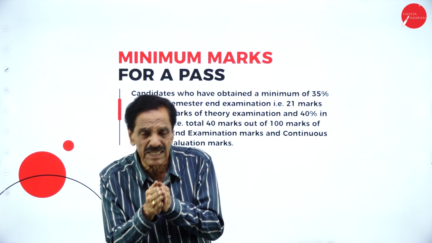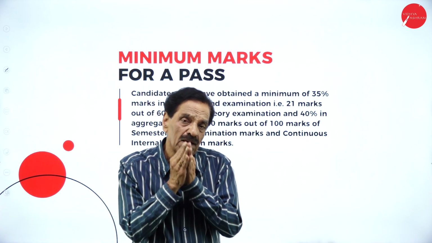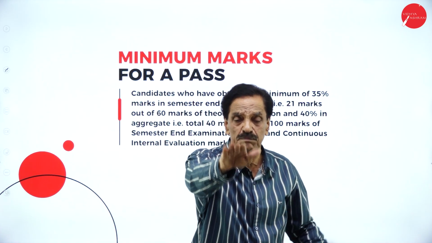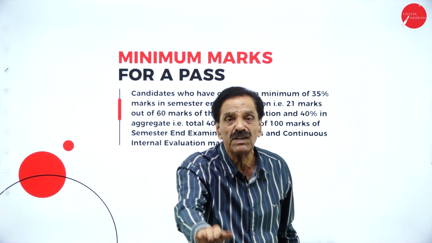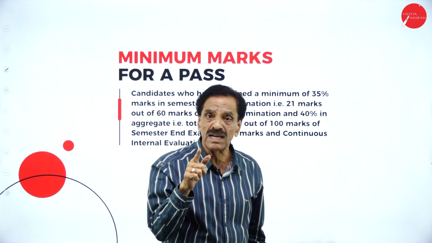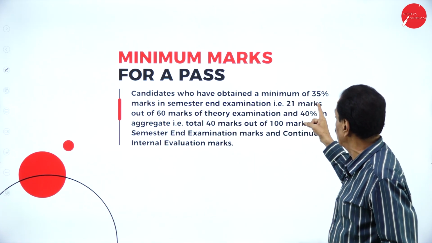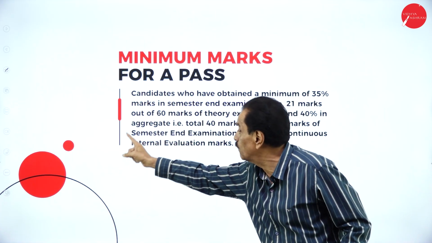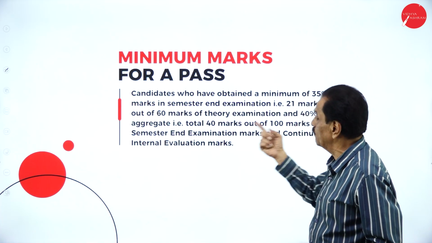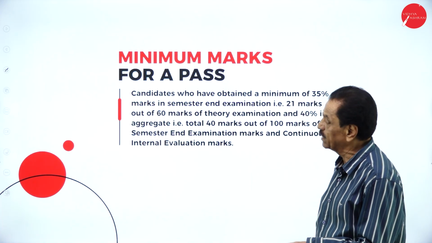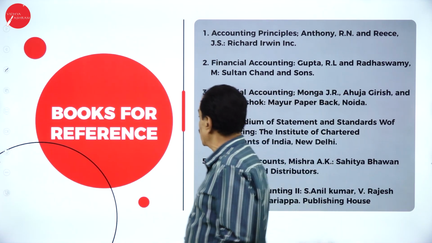So you understand that totally 40%, paper about 60-40, out of 60, 35% means you have to score 21 marks in the paper, and the balance in the internals. Hope you understand. This is a point. Books to be referred for references.